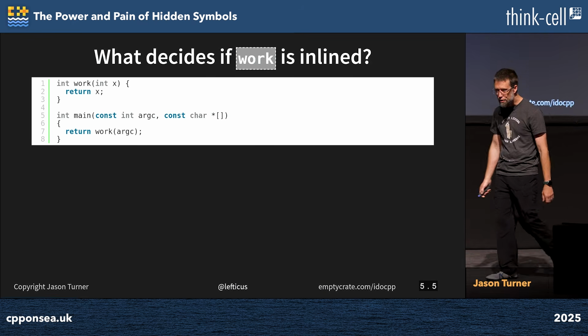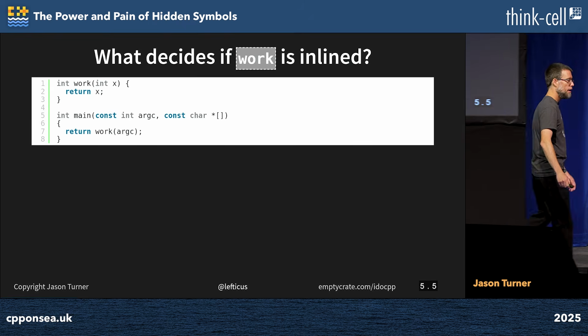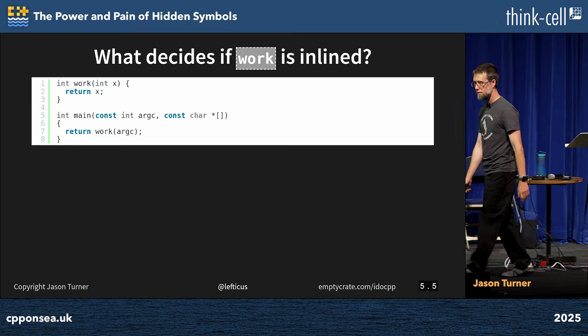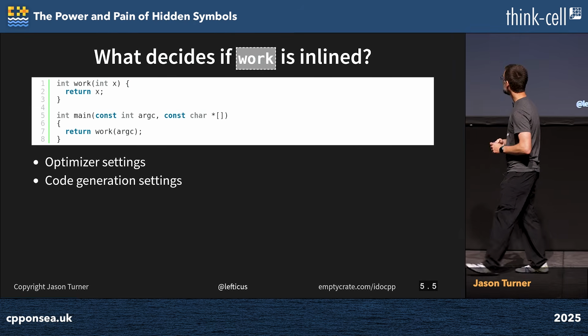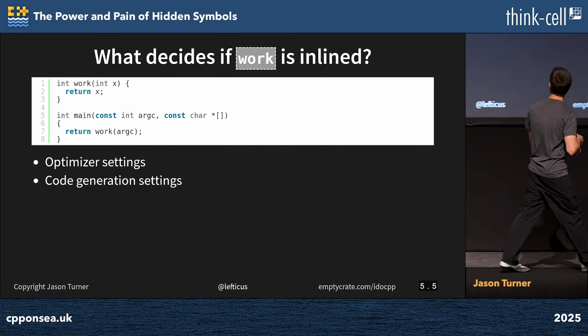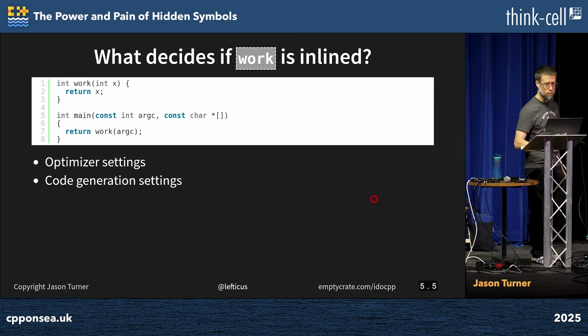What did you say? Optimization flags, yes. Optimization is part of it. And then there's also our code generation settings. I'm probably skipping ahead on a slide here, but I'm going to go ahead and do this.